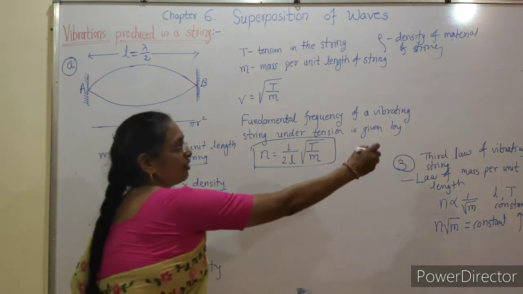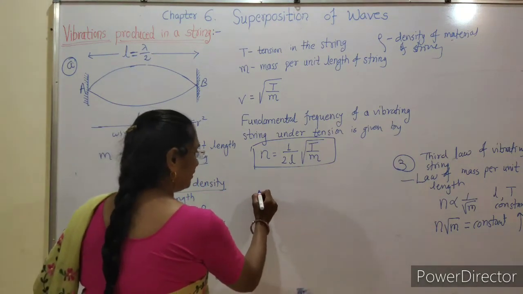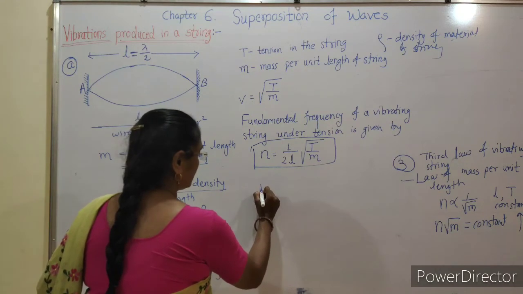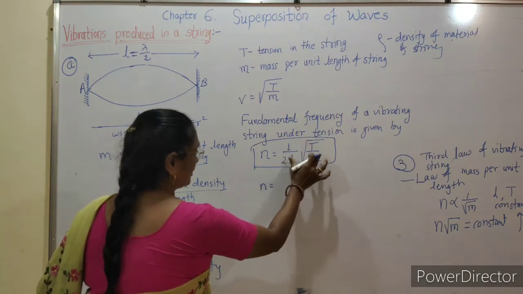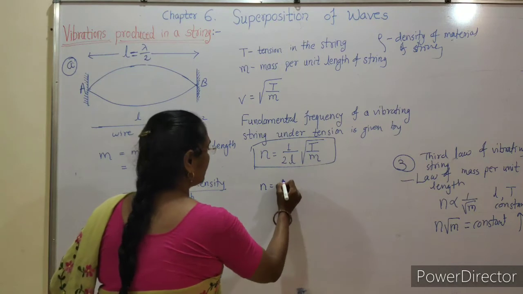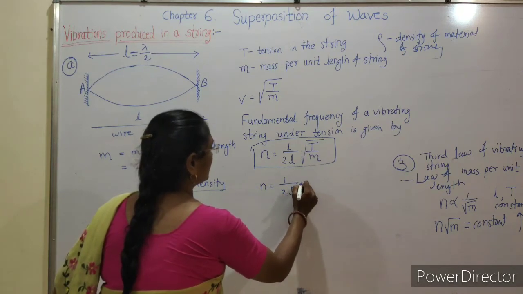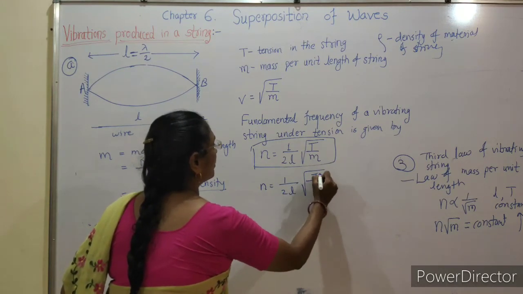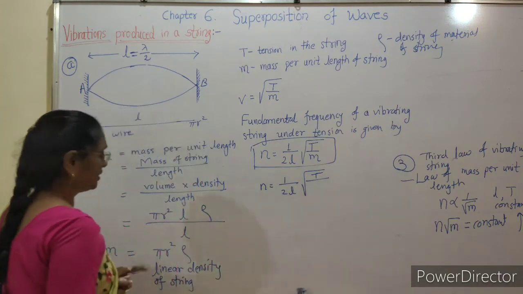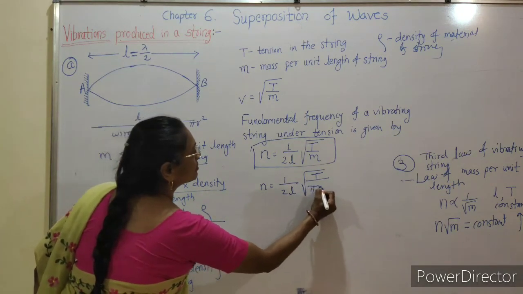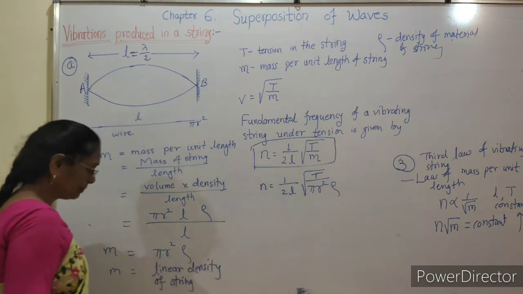Now in the third law of vibrating string, by considering this equation also, we can take N is equal to 1 upon twice L under root T upon M. M can be substituted as pi r square into rho.